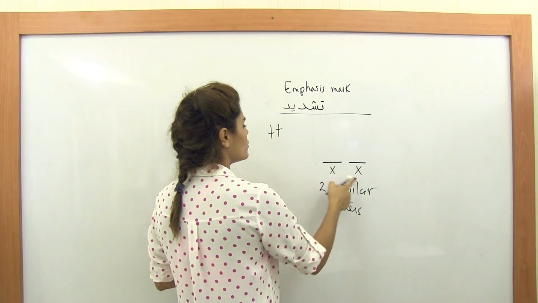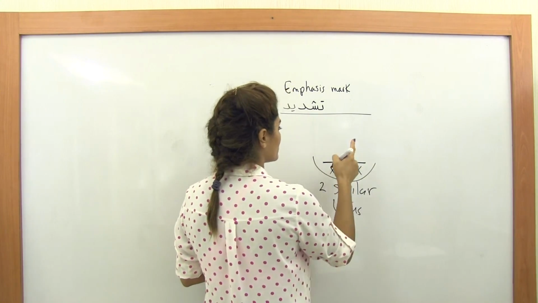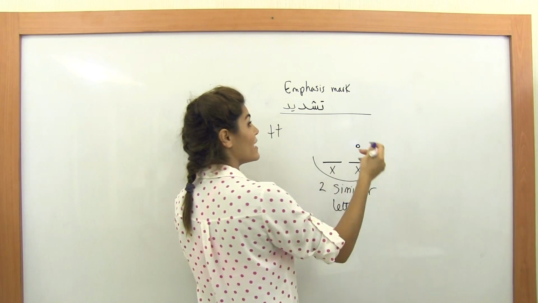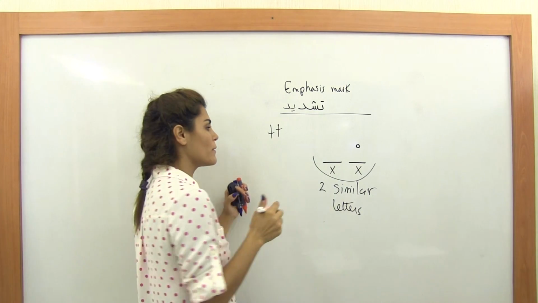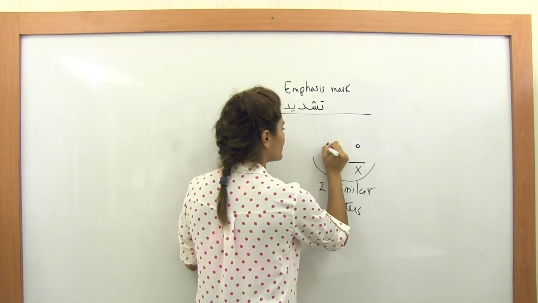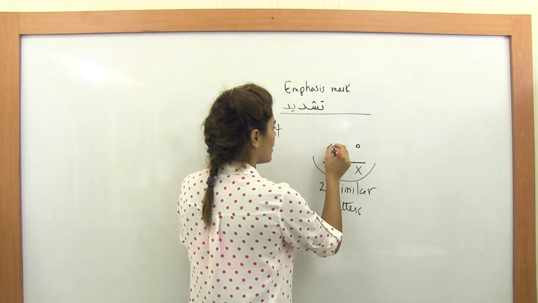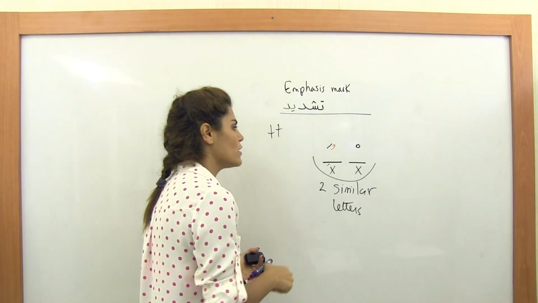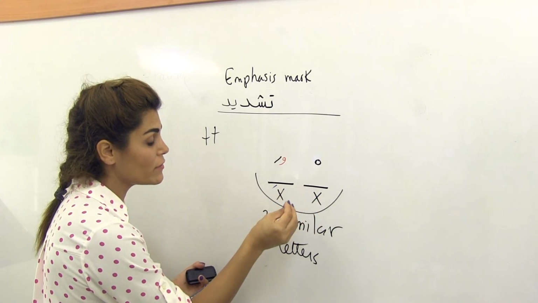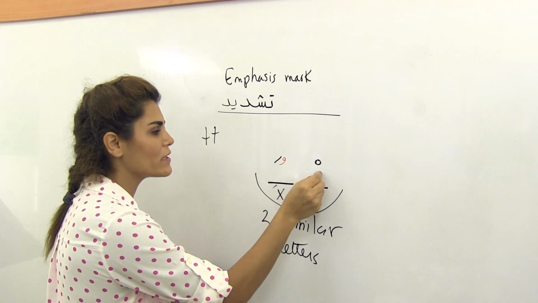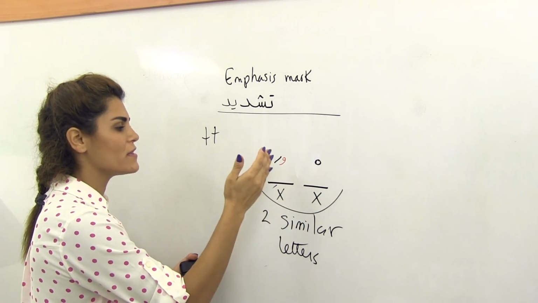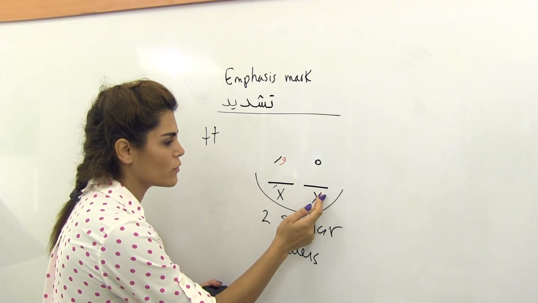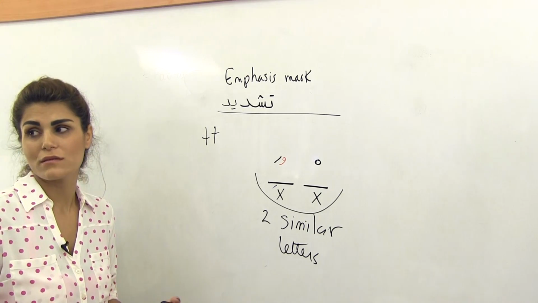The first one should be taking sukoon, and the second one could be fatha, or damme, or kasra. In this situation, when you have two similar letters following each other, the first one is in silent or stop mode, and the second one is voweled, then you cannot actually hear the first one. You cannot pronounce it, in fact.